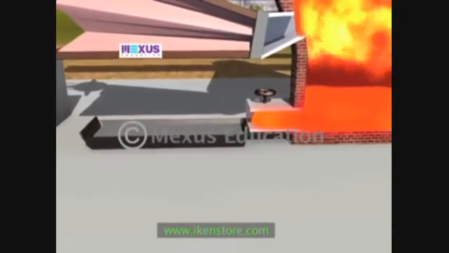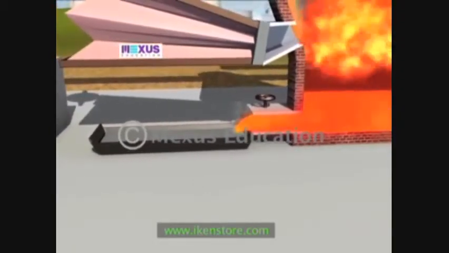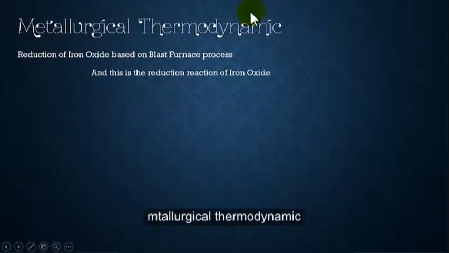The iron is tapped from below and is run into sand molds to harden. The product is known as pig iron or cast iron, and the place where it is hardened is referred to as the pig iron bed. Metallurgical thermodynamics.